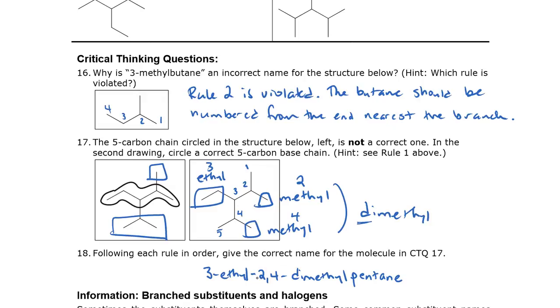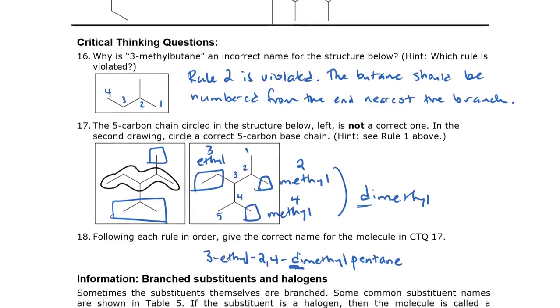When I read that out loud, I'm not going to read the punctuation, but when I write it, I have to put it in. When you try to do this on the Sapling homework, you have to put in the punctuation correctly, put in the spacing correctly. But I'll say this out loud as 3 ethyl 2, 4 dimethyl pentane. No space. And again, when you alphabetize, you do not count the prefixes di, tri, tetra for the naming.